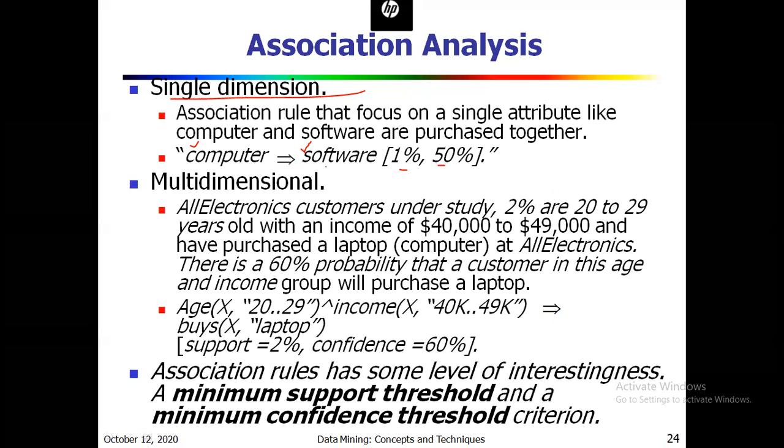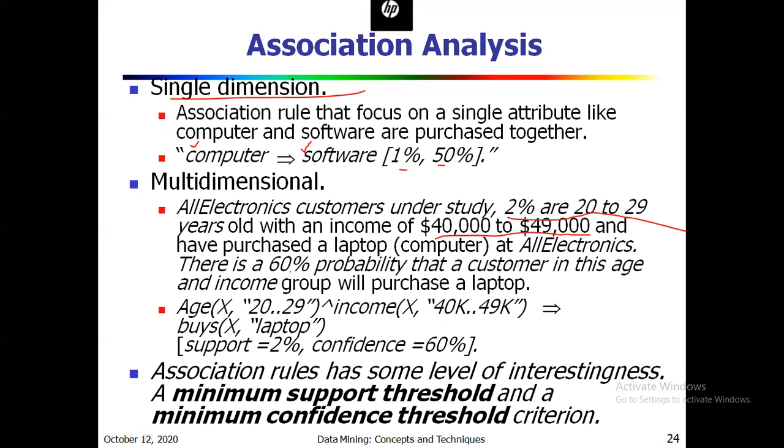But there are also multi-dimensional association analyses. For example, among all the customers of AllElectronics, 2% are in the age of 20 to 29 and have an income in the range of 40 to 49,000 dollars, and they have purchased a laptop.